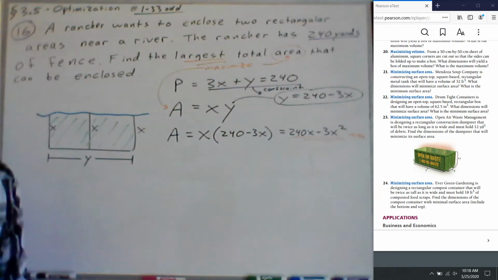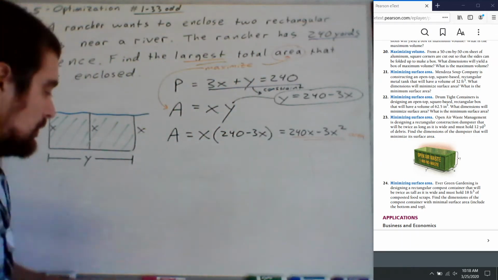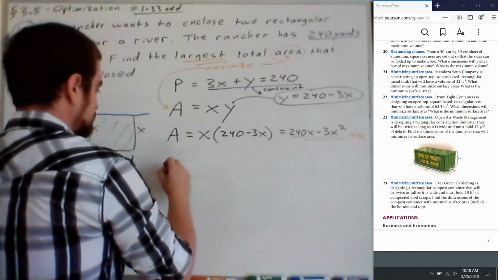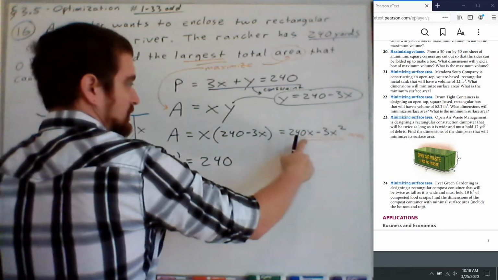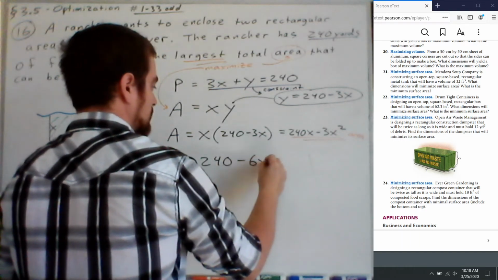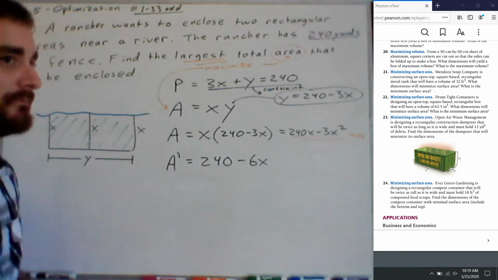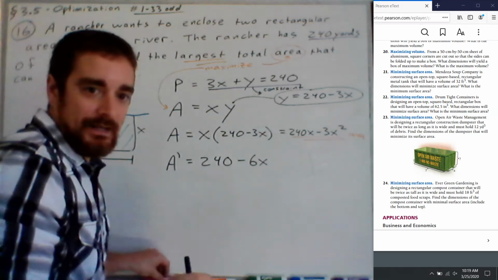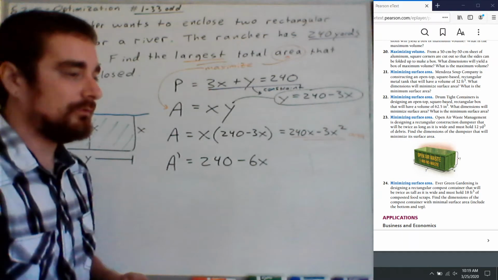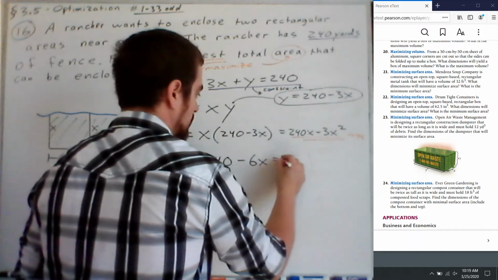That's the thing that I want to be able to differentiate, which is straightforward. It's a polynomial. So let's just do that. Differentiate term by term. I get 240 minus 6x for A prime. What do I do with this A prime? Critical value, set it equal to 0.